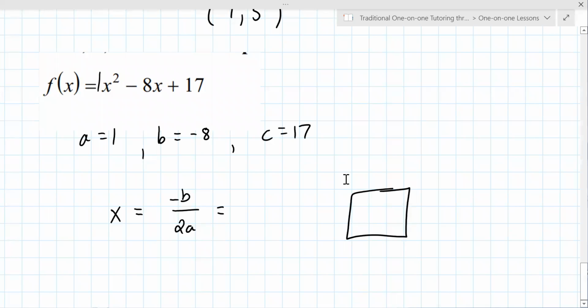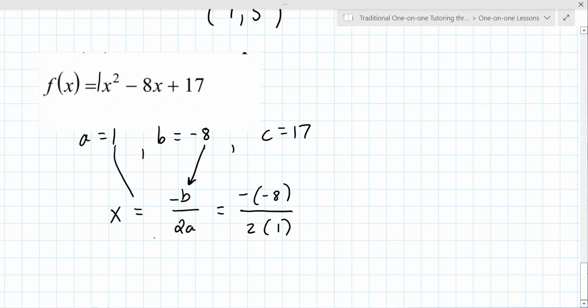Let me try it one more time. I'm asking you to take the value of B, -8, and plug it in for B, and then 2 times 1 goes in for A, like that. Then simplify: determine what the negative of -8 is, 2 times 1, and then divide. All right, so +8, and divide by the 2 and 1.